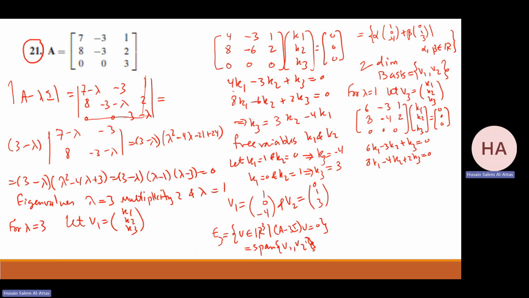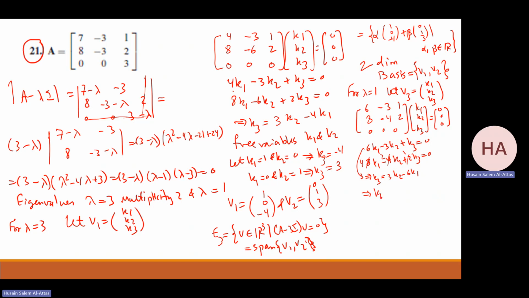How to solve this? If I divide the second one by 2, I'm getting from the first one that K3, let me do this trick, K3 is what? 3K2 minus 6K1. And from the second one, if I divide by 2, this becomes 4, this becomes 2, this becomes 1.